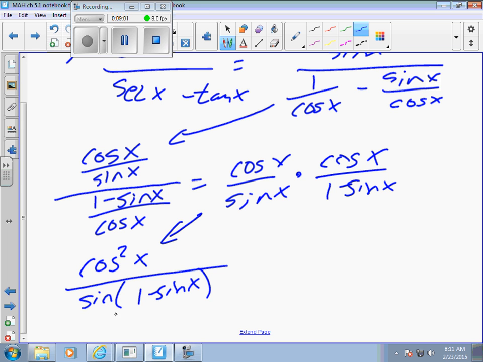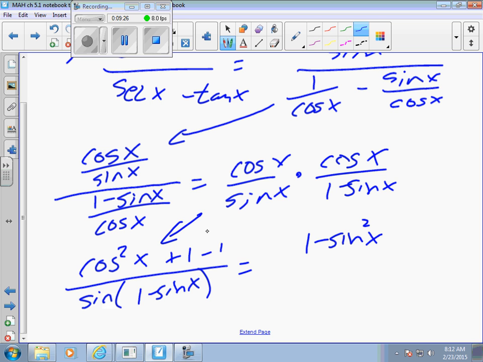And I'm not going to distribute that because I have a pretty good idea that if I do a plus 1 minus 1 here and then do some substituting in here, I'm going to end up with 1 minus the sine squared. Sorry, I should have showed you. I'm substituting in here.